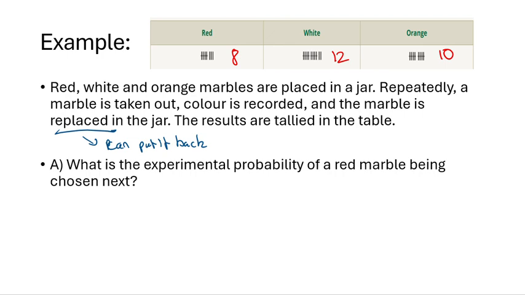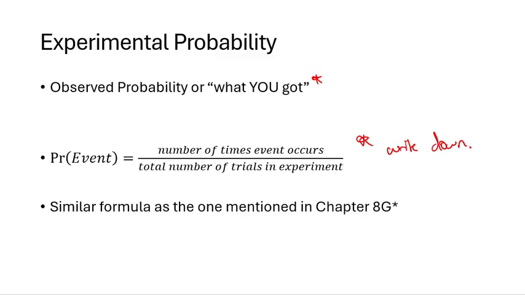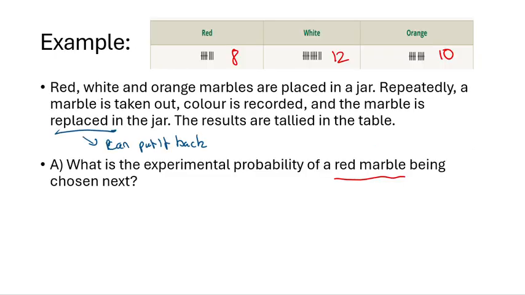Now, part A says, what is the experimental probability of a red marble being chosen next? So just based off our results, we are just going to apply this formula right here. P(event) equals the number of times the event occurs over the total number of trials. So far, we've actually tallied a total of 30 experiments.